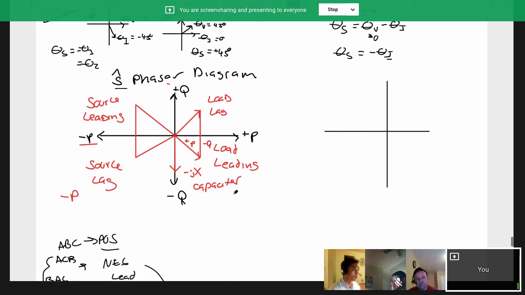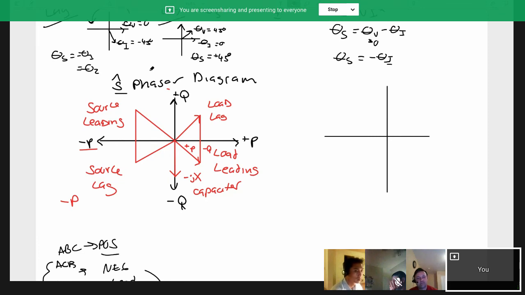Okay, so up here, this was for a positive system too. We're going to go back to our positive system. So this is V and I phasor diagrams. Here's our V. Here's our I. Lagging or leading? Lagging.